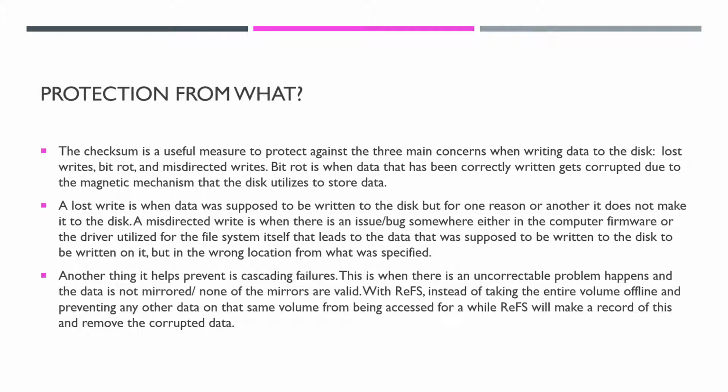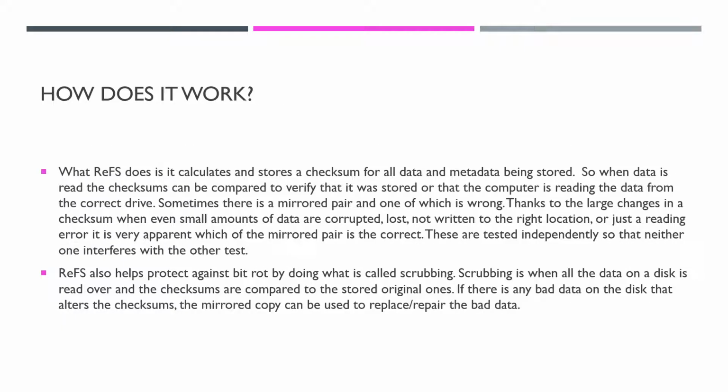So with ReFS, instead of taking the entire volume offline, which wouldn't allow you to access any of the data on that same volume, ReFS makes a record of all of the data. That way, it'll remove the corrupted data while still allowing you to access that same volume in case you have any information on that same volume that you want to save or anything like that.